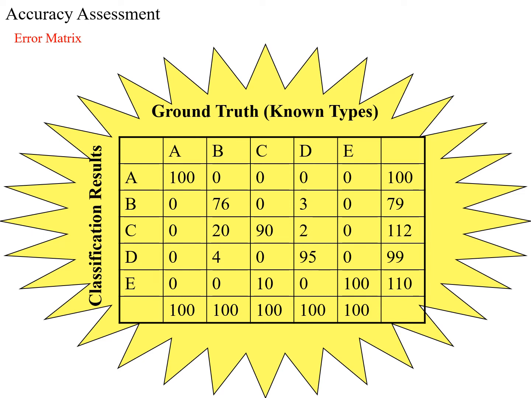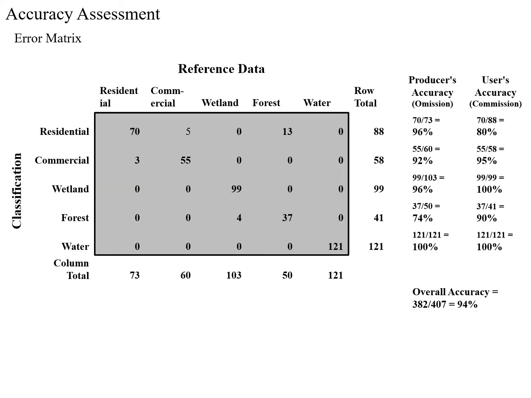They were actually B, but the remote sensing said it was D. Okay, and summarizing that information is what we're going to be doing with the contingency matrix. So this all looks very complicated. We're going to break it down step by step.